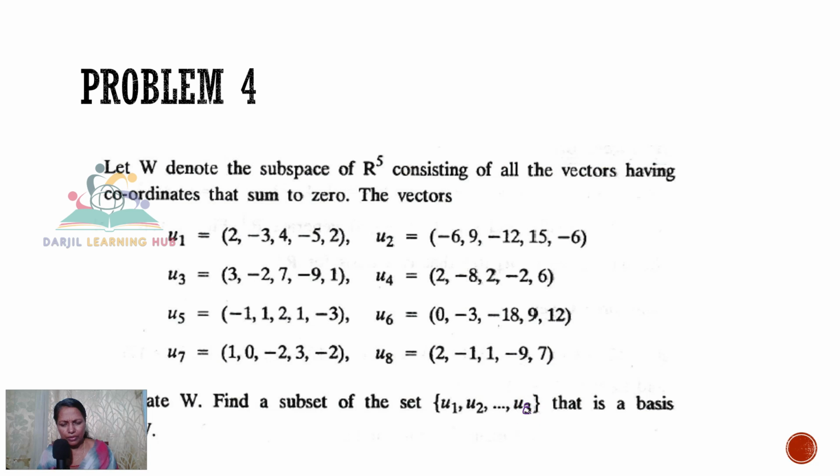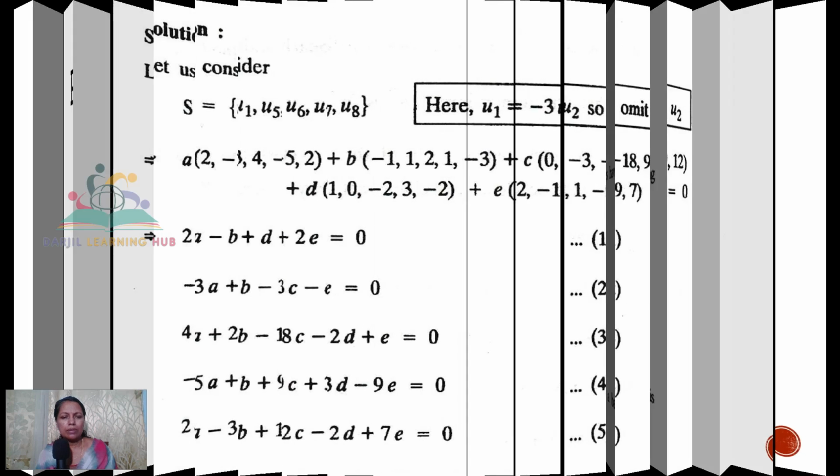We can find a subset of the set u1, u2, etc., u8, that is a basis of the given set W. What is W? W is a set of 5-tuples. Let us see the proof.